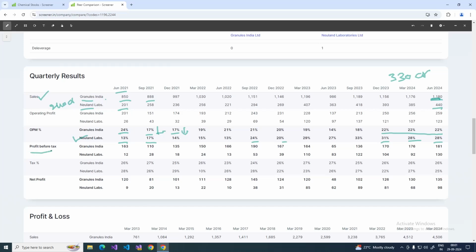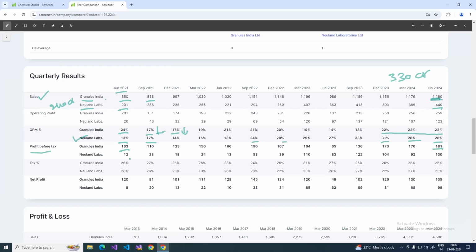Next one, profit before tax. If you see here, Granules India in 2021 profit before tax is 163 crores, current is 181 crores. So from June 2021 to June 2024, only 20 crores of profit before tax increased.